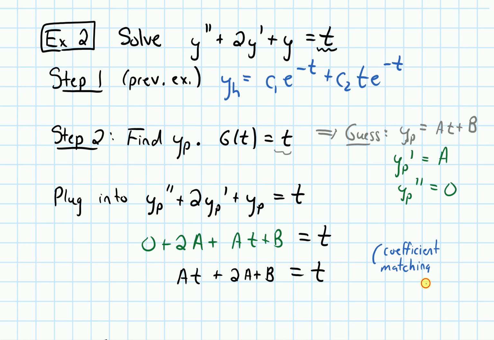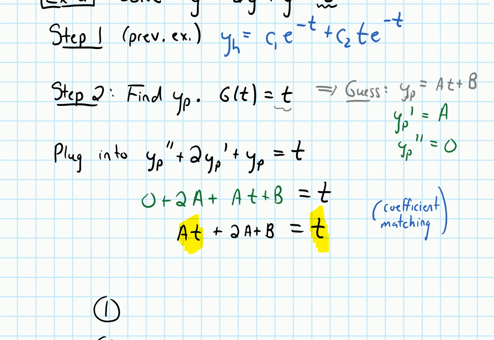We want to match the coefficients of like terms. For example, on both sides, there are terms that have a t. Here's the term with a t on this side. Here's the term that has a t on this side. So their coefficients need to be the same for these two functions on both sides of this equation to be equal.